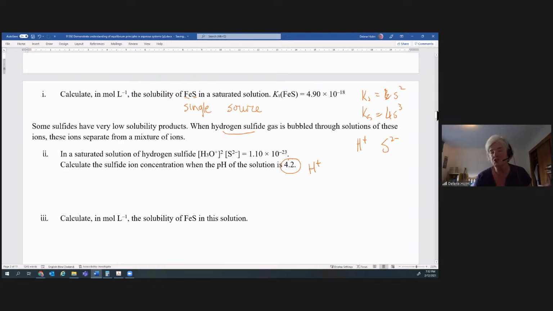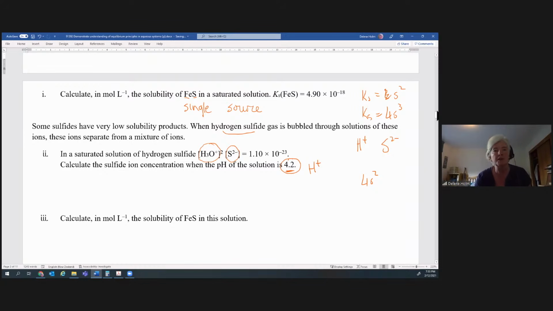So I cannot use the shortcut of 4S cubed because my S2 minus does not all come from the same place as the H3O plus does. I've adjusted the pH, so I've either added more H plus or removed some H plus to get to this point. So I cannot use that shortcut, and I've got to do it the long way around.